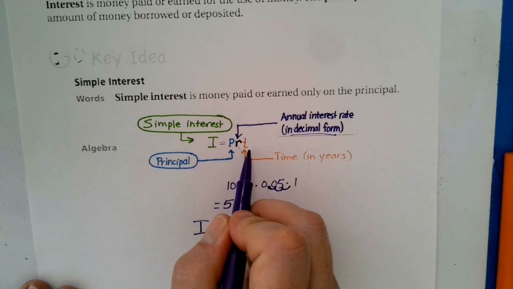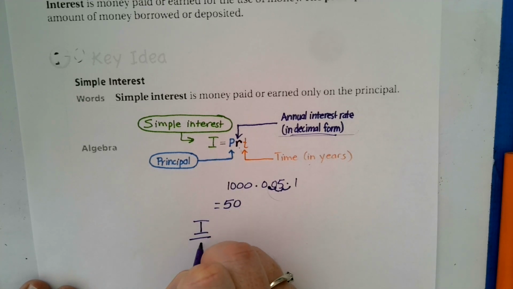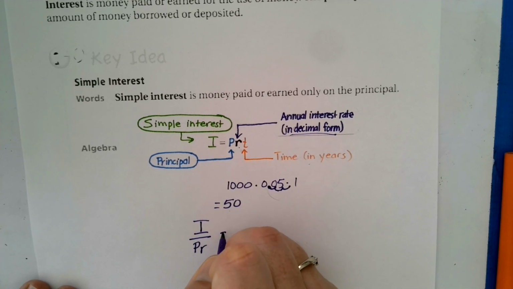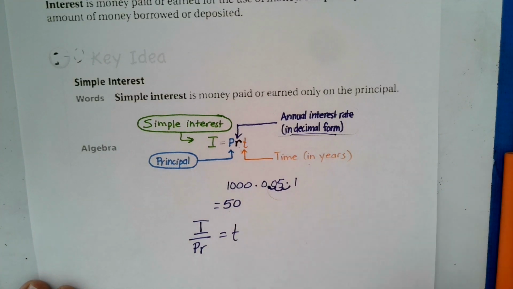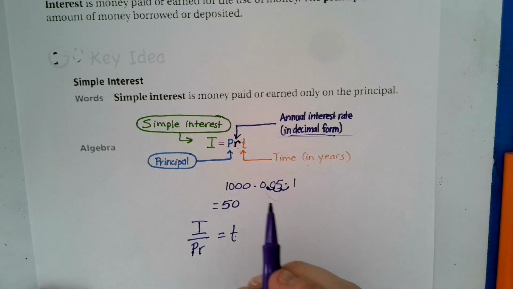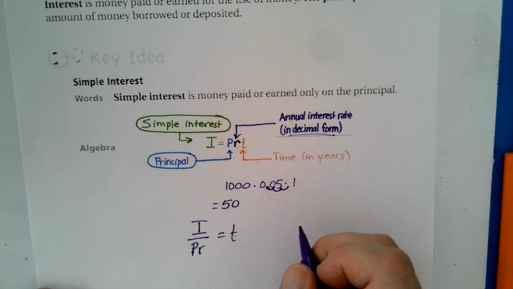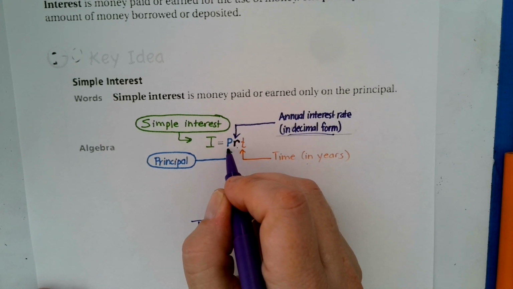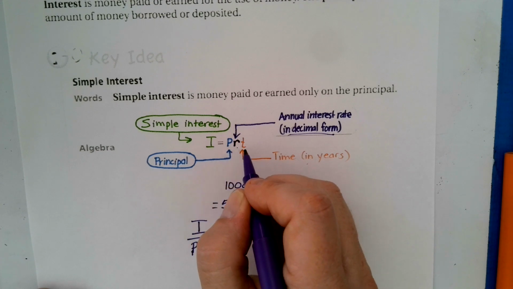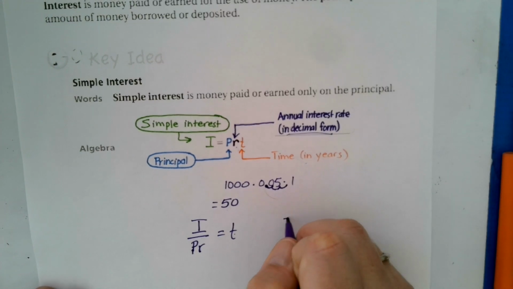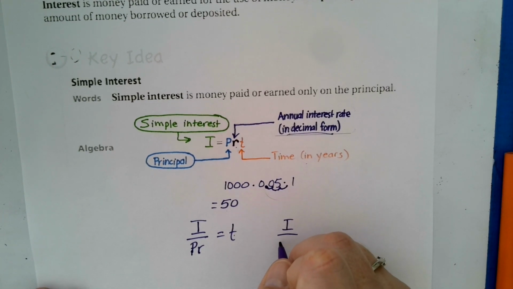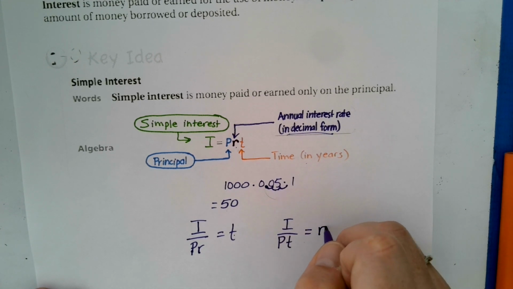So let's say you're solving for t. You would divide both sides by P R, and that would be equal to the time. So if you knew your interest, divided it by the principal times the rate, you would find out how much time you put it in there. Now, if we want to solve it for r, we are going to do the same thing. We're going to divide both sides by the other variables here. So we would say I over P T equals r.